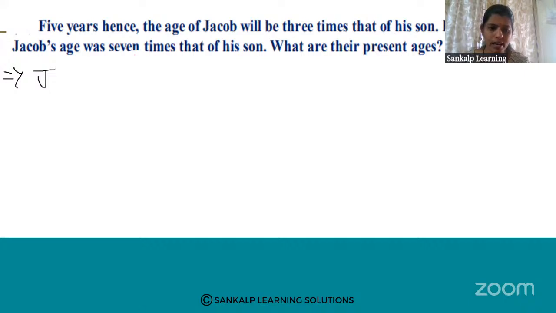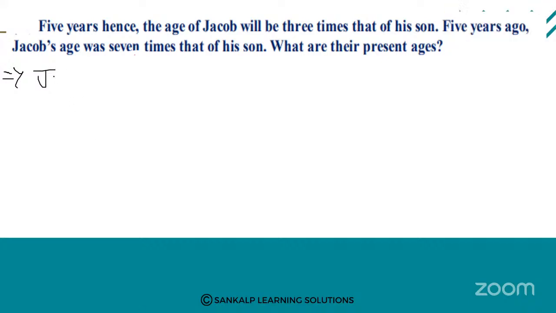So, first consider Jacob's age is x. Next, his son's age is y.